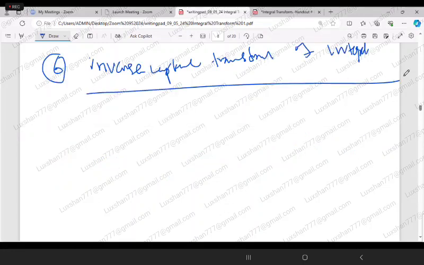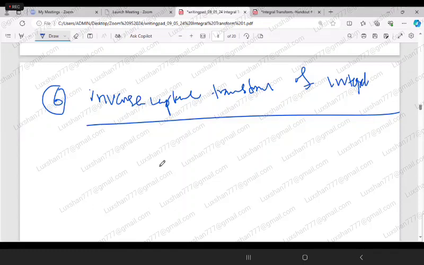I am using the mouse to write it, please apologize. So we know the Laplace transform of f(t) over t.